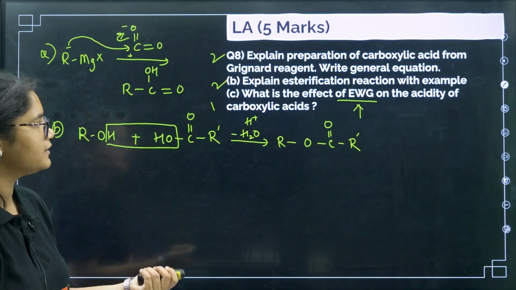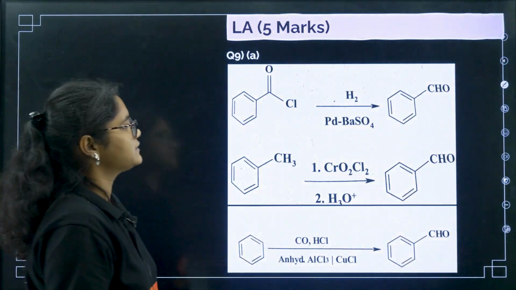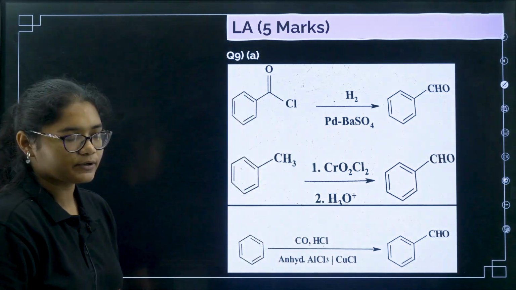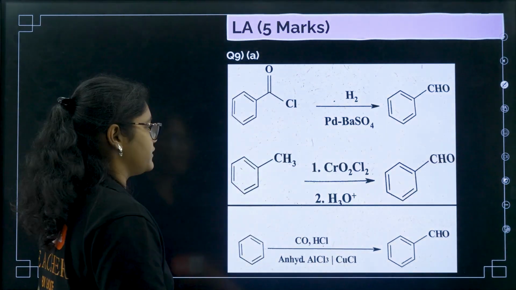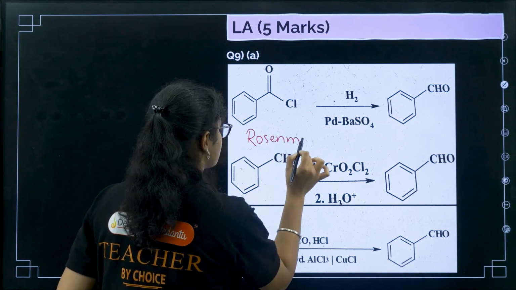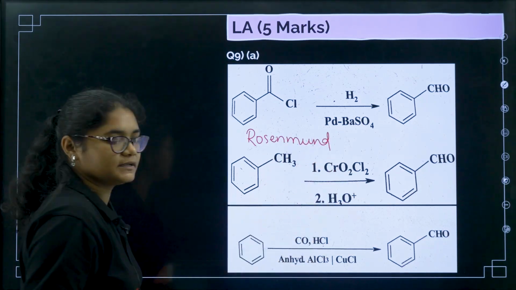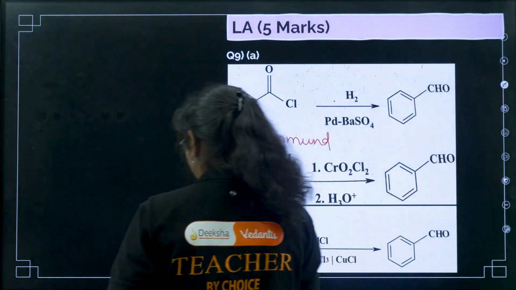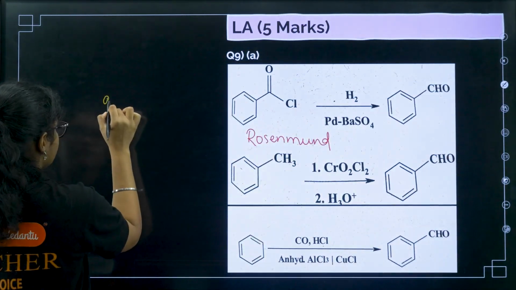Done. Next question, this is part A, where you need to write the name of the reactions. H2, palladium barium sulfate. This is which name reaction? This is Rosenmund reaction. First one I think all of you can guess.